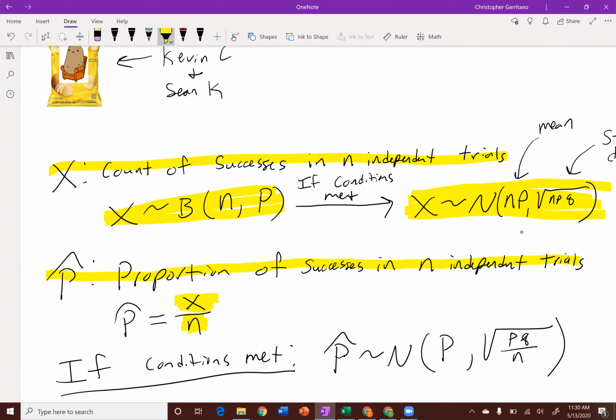And therefore, we can come to the conclusion that if conditions are met, then the sampling distribution of p hats can be approximated using the normal model with a center of p, and that's the mean. Look, all we did was take the mean from the binomial normal approximation and divide by n.